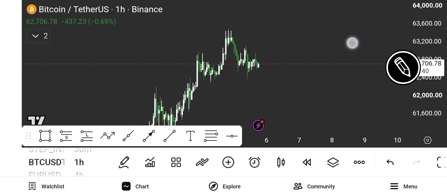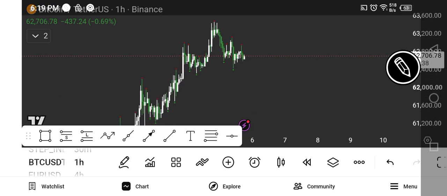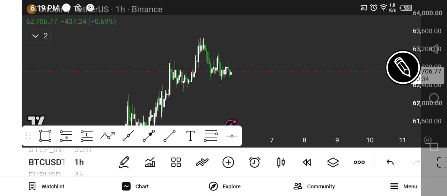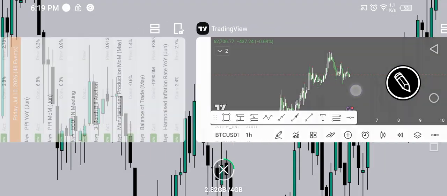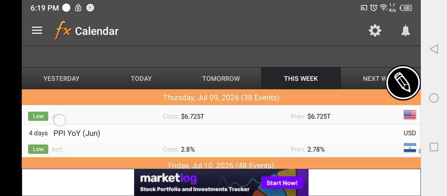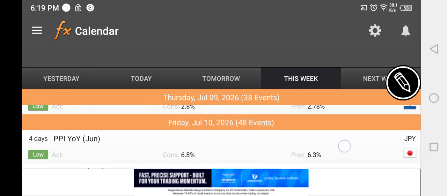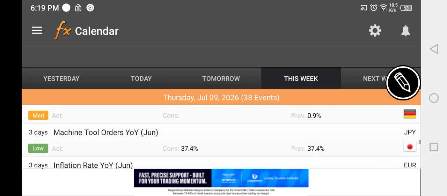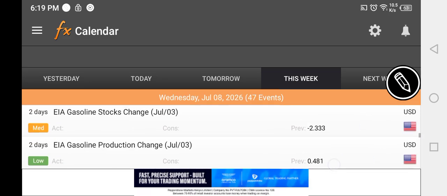So another thing we need to check is the weekly calendar. This is the technical aspect of our analysis. We still need to look out for red folder news events, we can go to sites like my FX book or forexfactory.com. And I have actually checked from Monday through Friday.